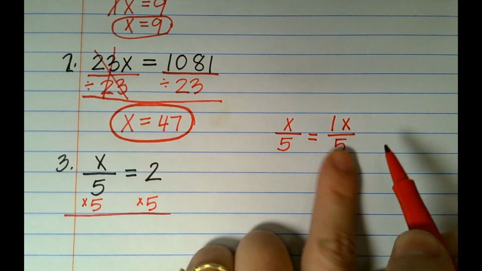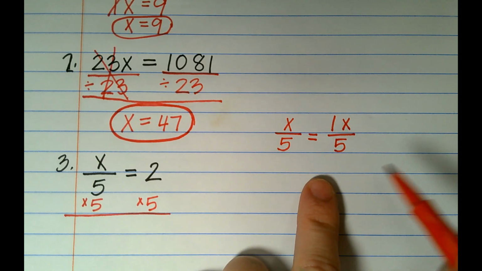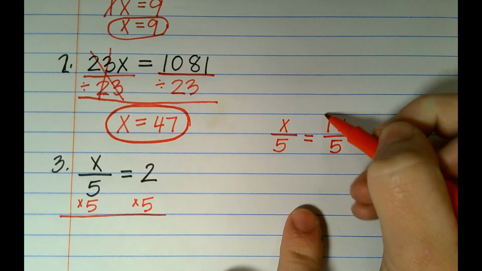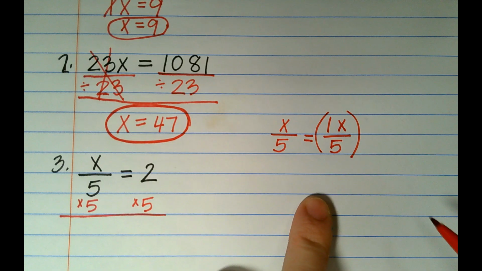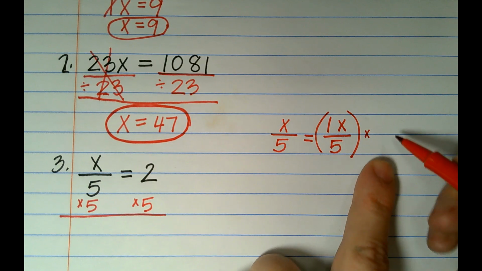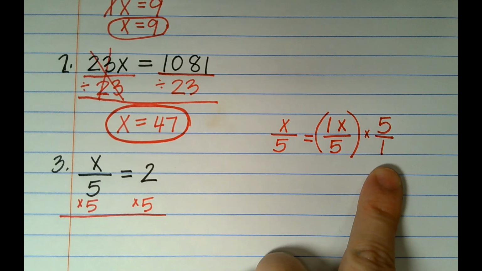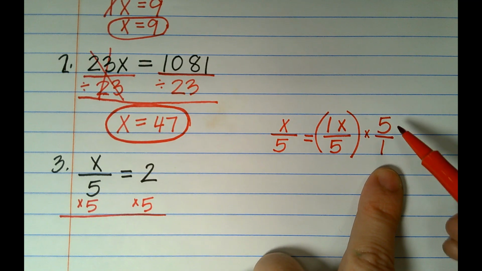Now, if I am multiplying by the number 5, I'm going to put this in parentheses, and I'm taking that times 5 over 1.